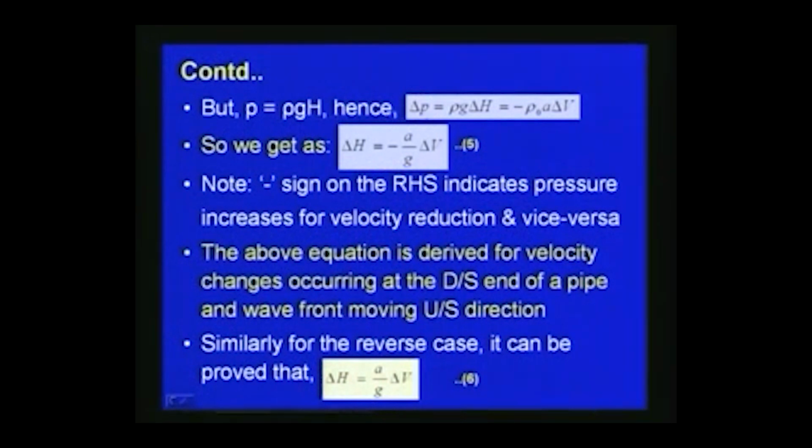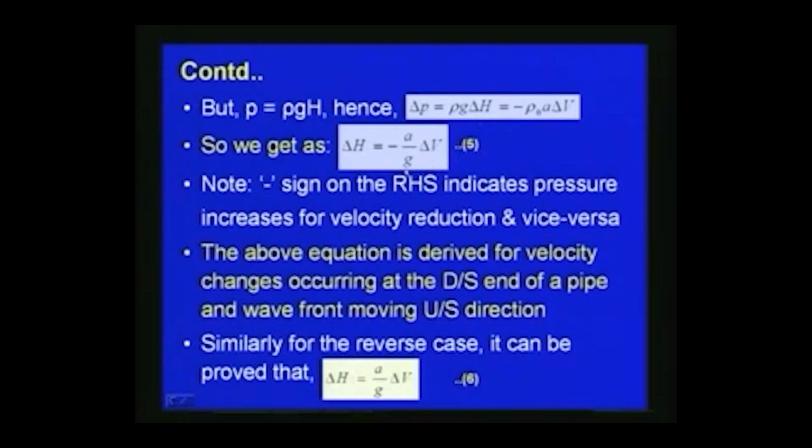We can write delta P as rho g into delta H, which is equal to minus rho 0 into A into delta V. Finally, if we consider the change in density as negligible, we can cancel rho 0 and rho, so that we get delta H is equal to minus A into delta V by g.